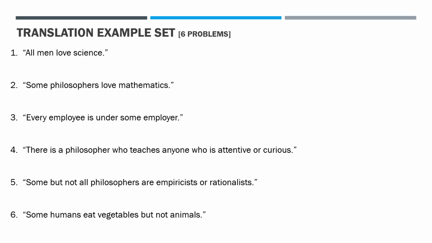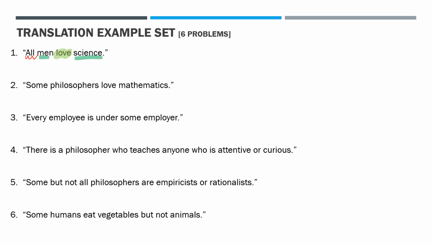Number one, it says all men love science. Love is a relational predicate. We have two general classes of things, men and science. Thus we need two quantified variables. We're told that all men love science. Thus we have a universal affirmative proposition. If we think about the square of opposition, because it's a universal affirmative proposition, it'll be a conditional. And in the antecedent, so to speak, we will announce our variables x and y, and the consequent will have the relation.